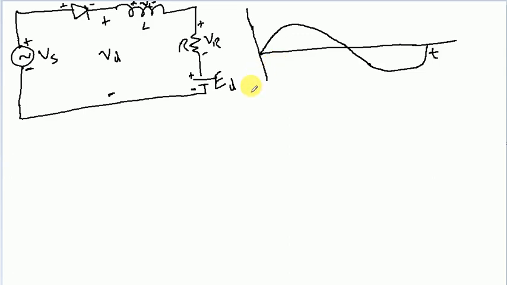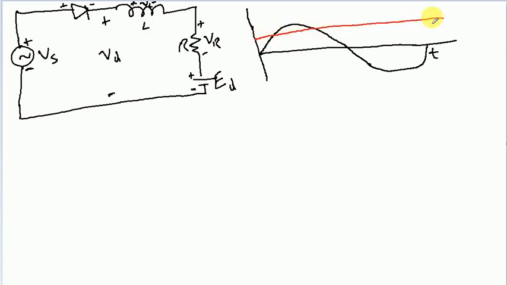That is how it is going to be. Let us say that this has some potential, of course it will if it is a DC voltage source, and that potential is equal to, for example, a constant value. Let us say that value is somewhere between 0 and the maximum value of the AC voltage source.